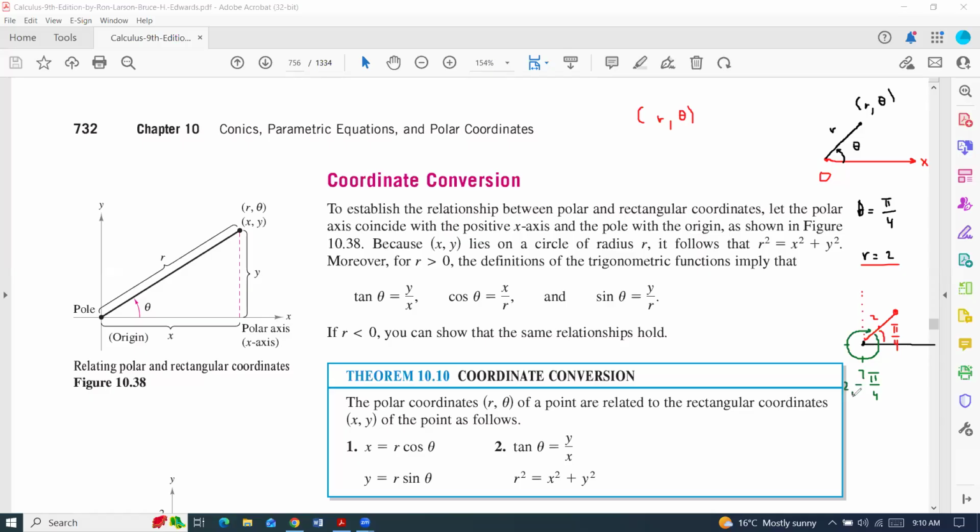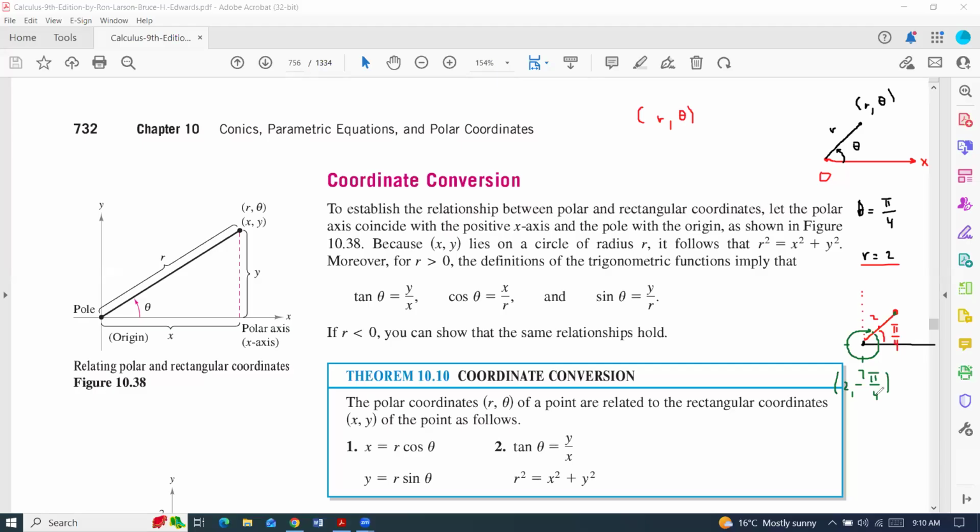So that would be exactly the same point on the plane. You always start at the pole, so if you rotate clockwise by negative 7 pi over 4, you end up in the same direction.